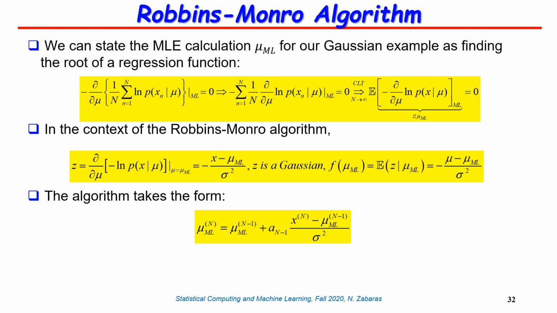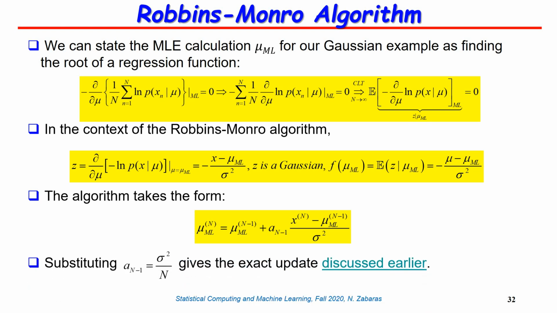It looks practically identical to the exact update formula that we saw before. As a matter of fact, if you want to make it literally equivalent to that previous formula, the only thing you need to do is to set the learning rate to be sigma squared over n. And you see, by the way, that the learning rate varies as 1 over n.